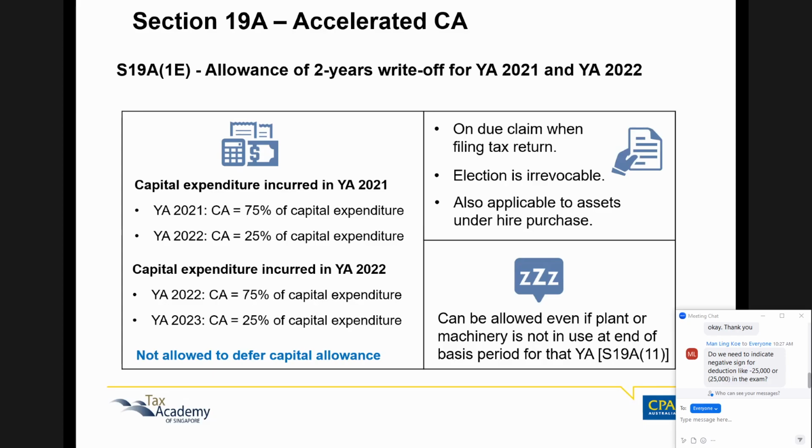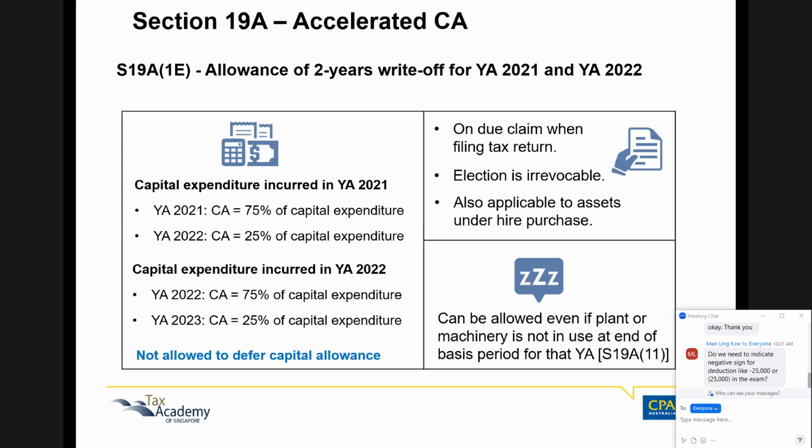The thing is that the larger your CA, the smaller your chargeable income. This means your tax bill will be smaller. So that's usually why, in a normal profitable case, most of them will want to accelerate their claim so that you pay less tax.